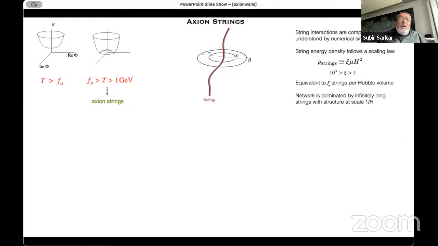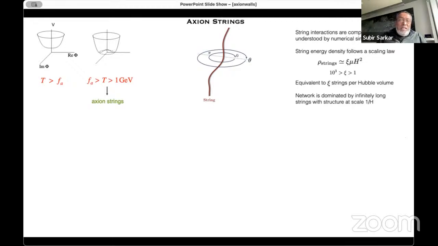And strings can be modeled on a lattice, the formation of strings and their evolution. They form an intricate, complex network, and small string loops decay typically into the particles that they're made of, which in this case are axions, because remember, the core of the string is the original symmetric vacuum.